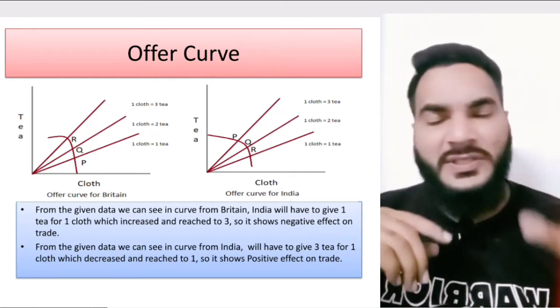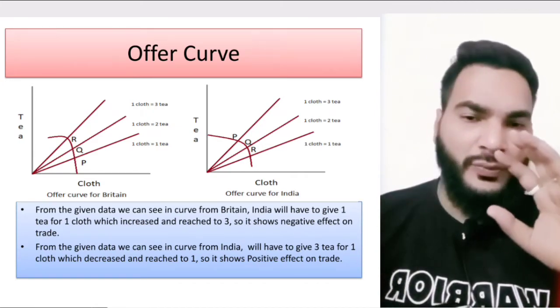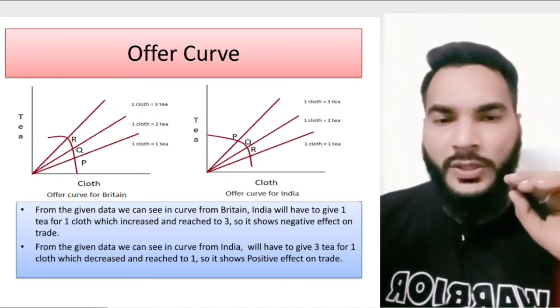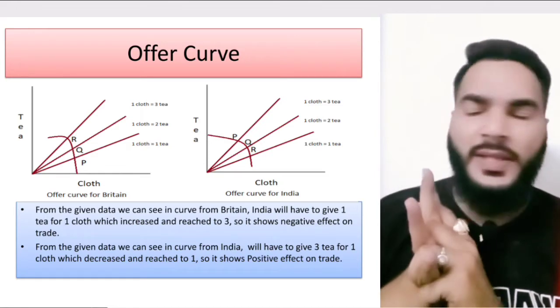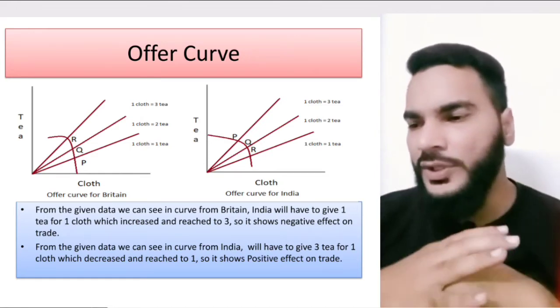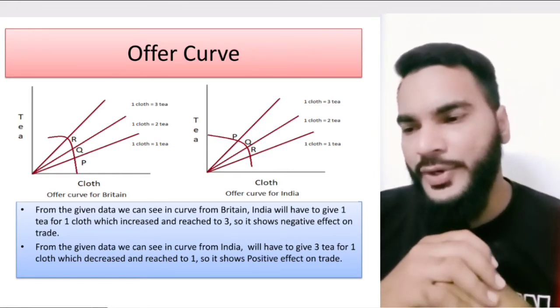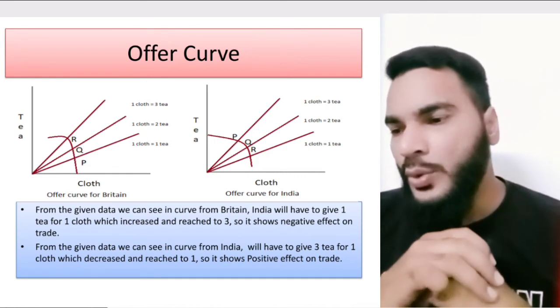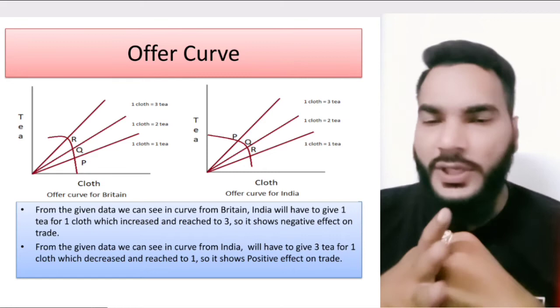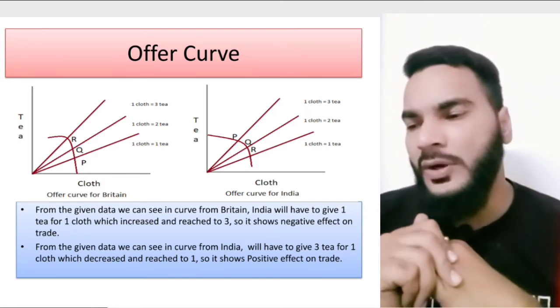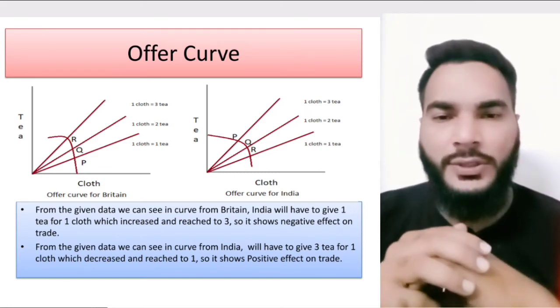Here we were supplying 3 units for one cloth, then 2 units for one cloth, then 1 unit for one cloth. That is actually favorable for India. From the given data, we can see the curve. Britain: India will have to give one tea for one cloth, which increased and reached 3, as we can see from the offer curve, which is beneficial to Britain.